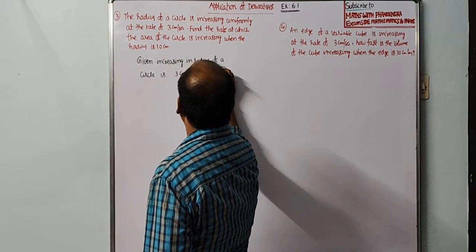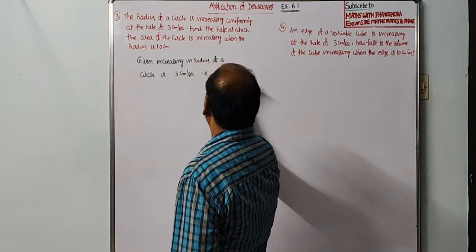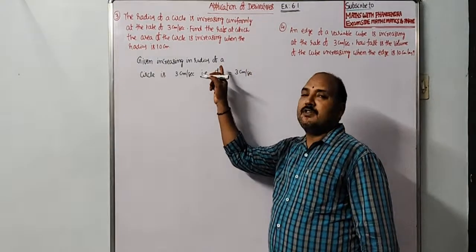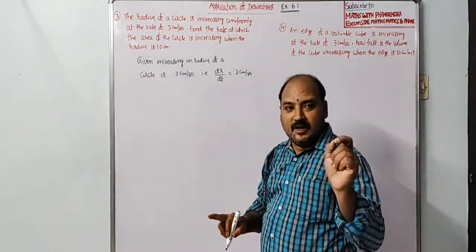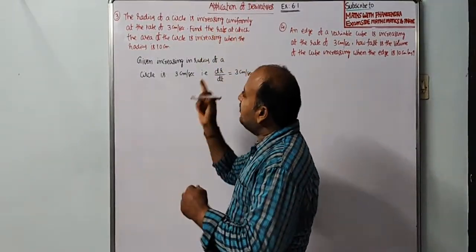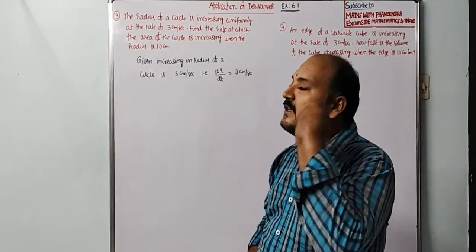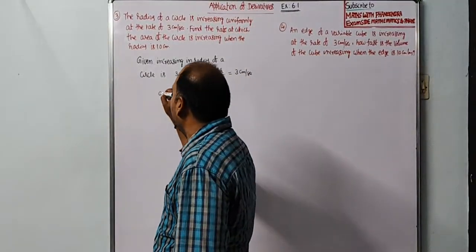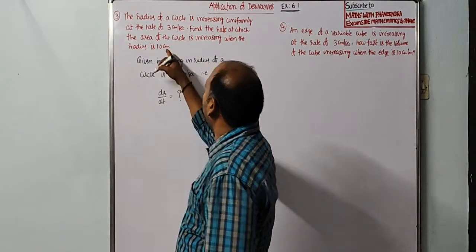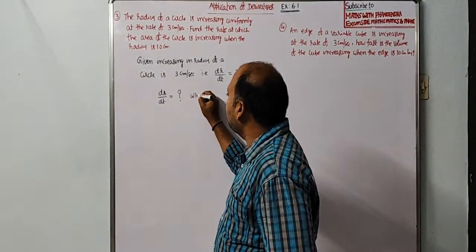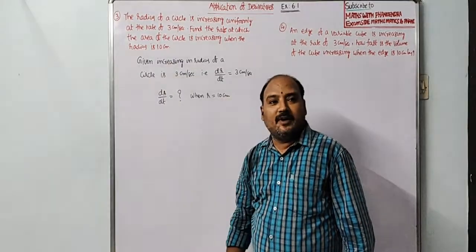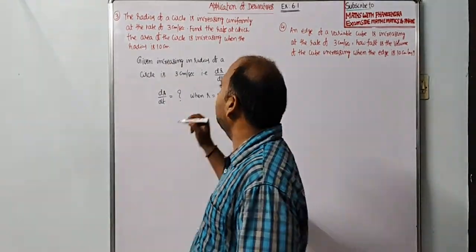That is dr by dt is equal to 3 centimeter per second, the rate of change of radius. Next, find the rate at which the area of the circle is increasing. What are they asking to find? They are asking to find dA by dt, at what radius? When r is equal to 10 centimeters.